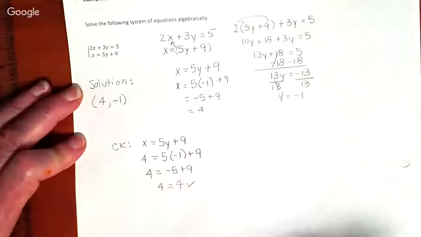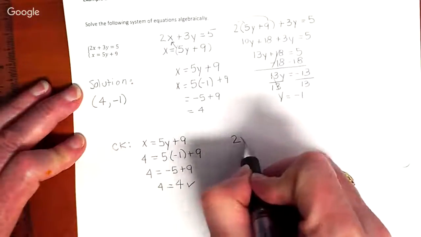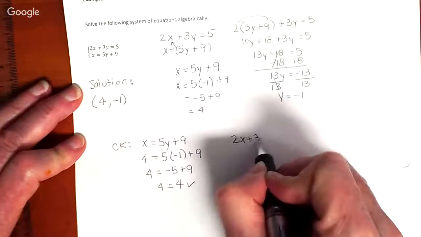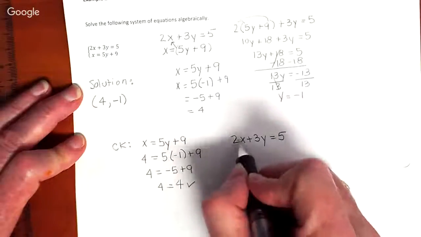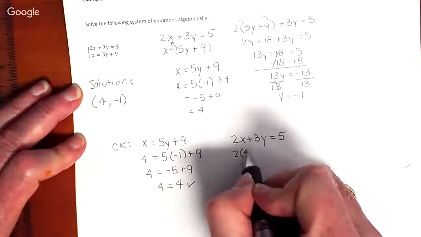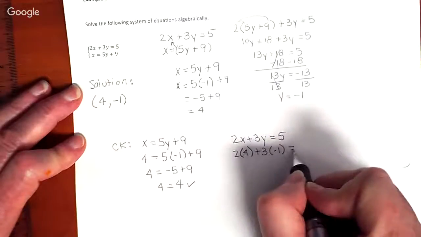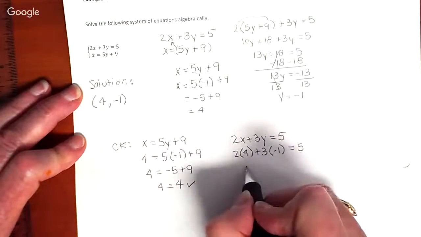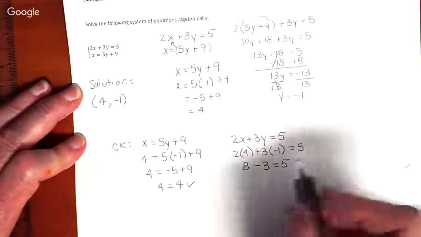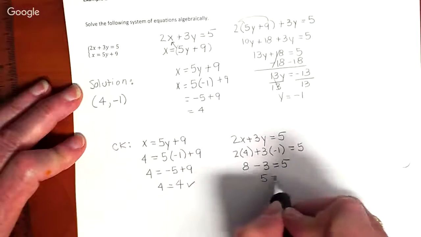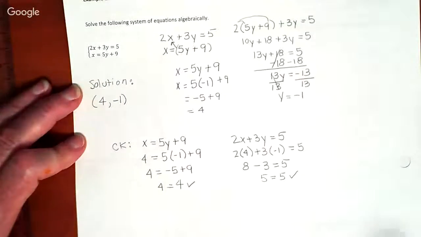And that answer checks. In our other equation, we have 2x plus 3y equals 5. 2 times 4 plus 3 times negative 1 equals 5. We have 8 minus 3 equals 5. And 5 equals 5. And that also checks.